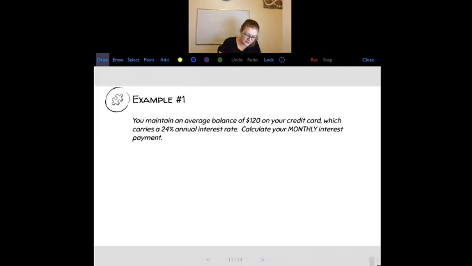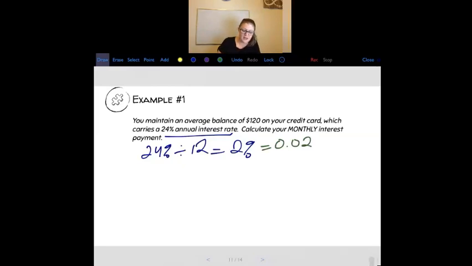Okay, so this interest rate is annual, and so what we have to do is divide that by 12 in order to get the monthly interest rate amount. Whenever you're working with rates like this, you typically want to convert them to decimals. Okay? So in this case, this is equal to 0.02. And then you can apply part percent whole if you want, where 120 is the whole, you have your percent as a decimal, and the interest payment would be the part.